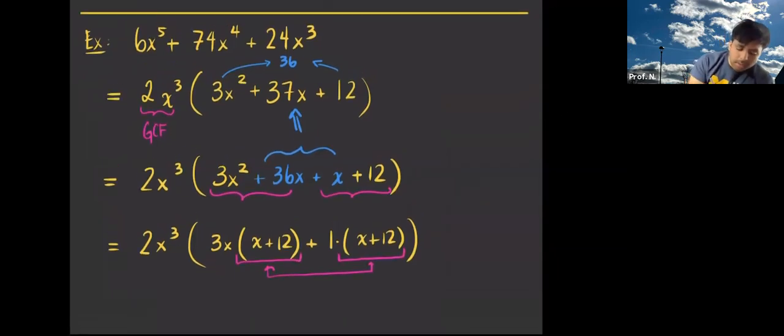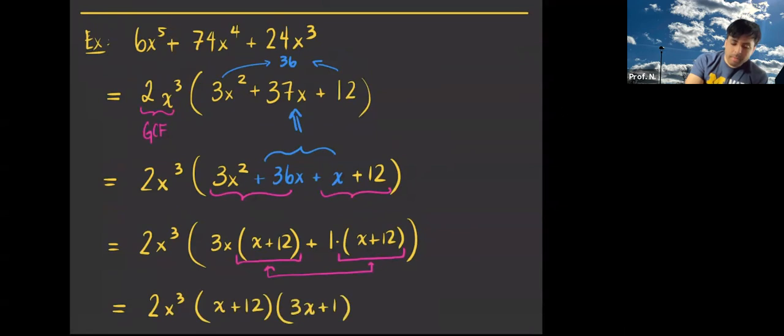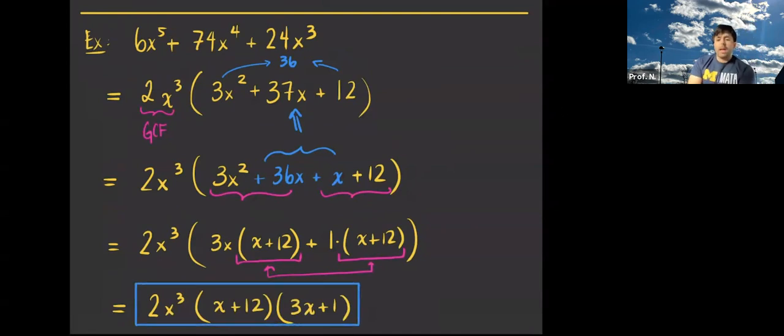So when I factor this out, I'm left with x plus 12 times 3x plus 1. And that is my factorization.